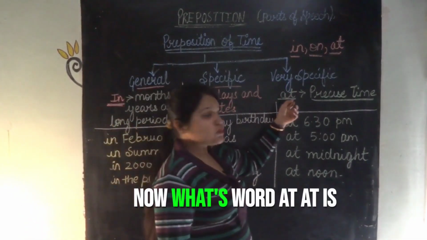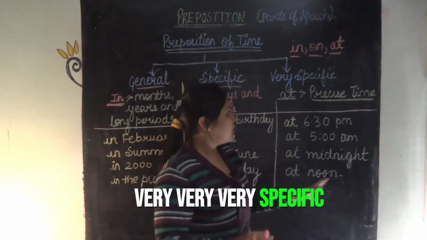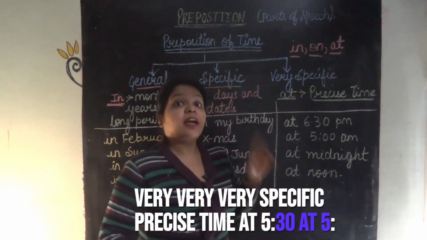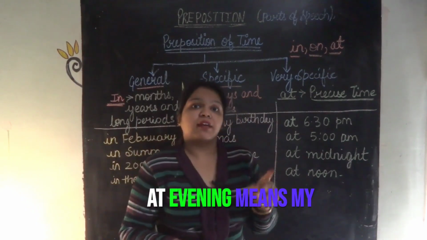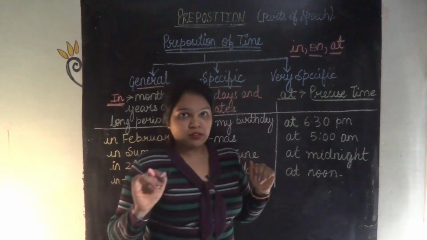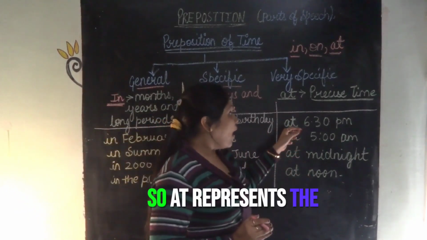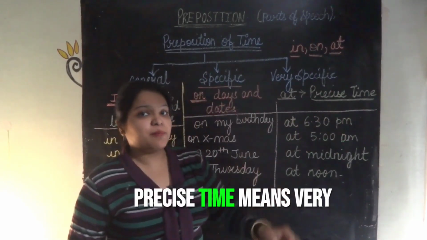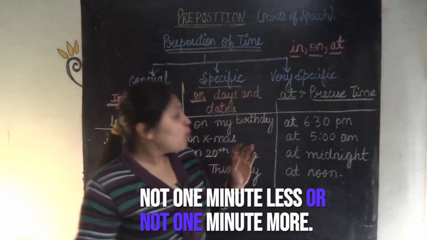Now what's for at? At is very specific, precise time. At 5:30. At 5 o'clock. At midnight. At evening. Means my meeting is at evening. I'll be having my lunch at noon. So at represents the precise time. Precise time means very specific time, not 1 minute less or 1 minute more.